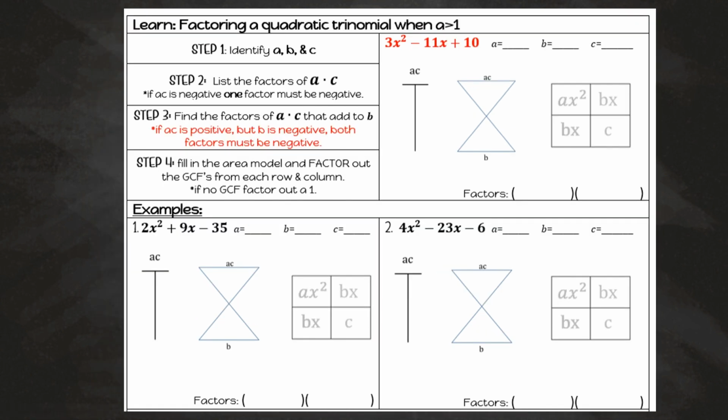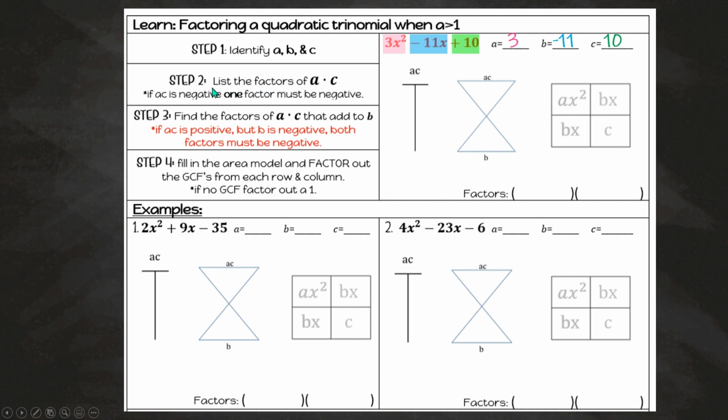All right. Now, there will be times when we have an a term, and a lot of times this happens, our a term is greater than 1. If our a term is greater than 1, we're going to follow some similar steps, okay? So step 1 is going to be to identify the a, b, and c term. So here my a term is 3, my b term is negative 11, and my c term is a positive 10.